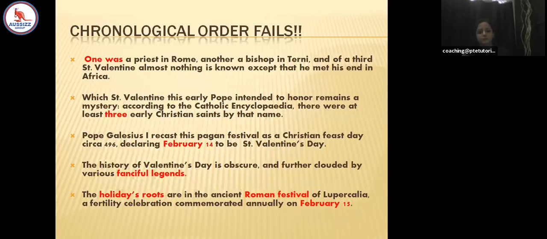But what was that? How do I connect it to which kind of Roman festival they are talking about? It was nothing but number 4.